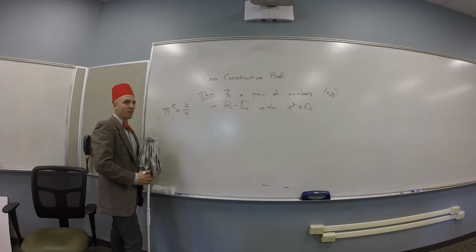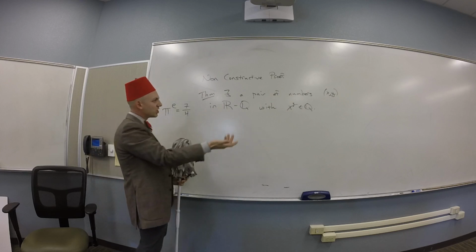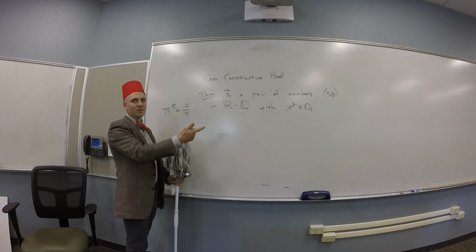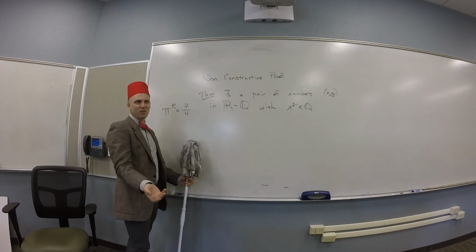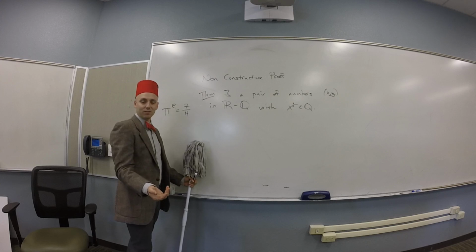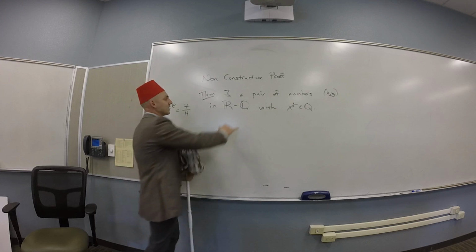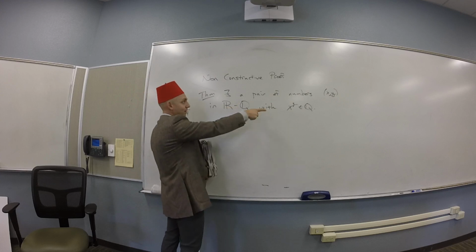And also, R less Q is so much bigger than Q. If you slam a couple of these things together, it seems like there should be virtually no chance of landing in Q. Is it that much bigger? Yeah, this thing is uncountable. That thing is countable.